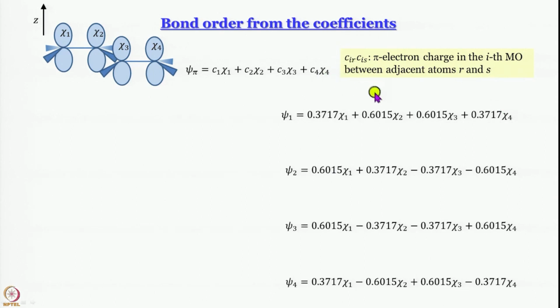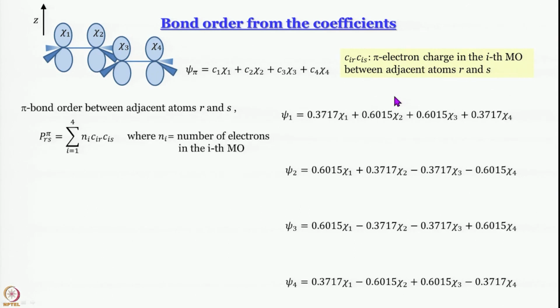When you take a product of these coefficients, that gives us the pi electron charge in the ith MO between adjacent atoms R and S. So, if you want to find out the pi bond order between adjacent atoms R and S, they are adjacent, right, 1 and 2, 2 and 3, 3 and 4, that is all. Then we will write this bond order P_RS pi equal to the sum over i equal to 1 to 4, summing over all the MOs, of Ni multiplied by CiR CiS, where Ni is the number of electrons in the ith MO.